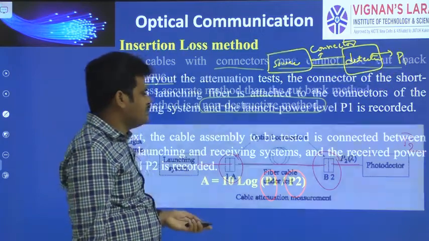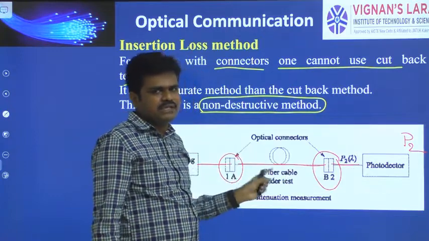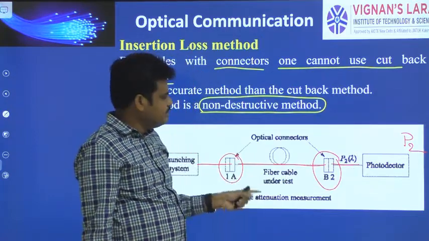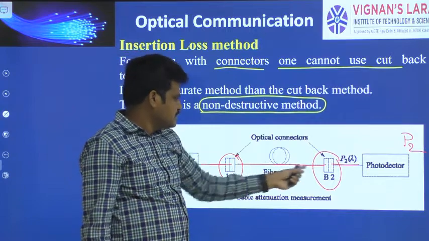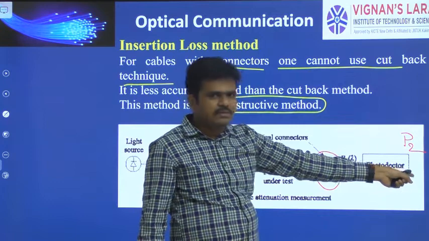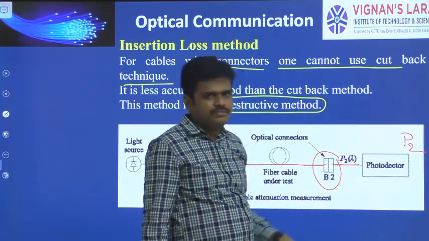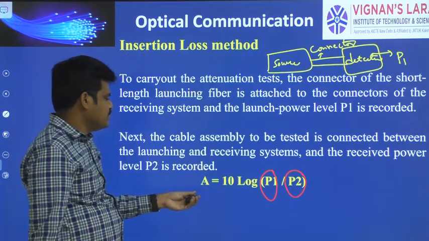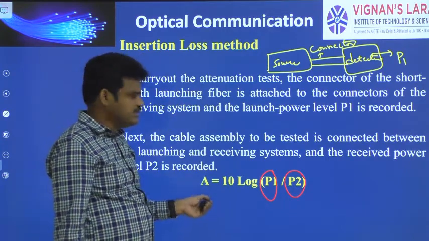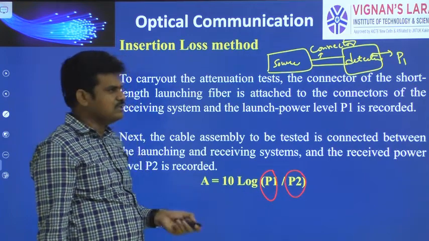Next, in step 2, you lay a full length optical fiber cable between the source and the detector. It may consist of optical connectors also. Now find the received power at the optical detector, say P2. Attenuation can be calculated using the relation 10 log P1 by P2 in the insertion loss method.